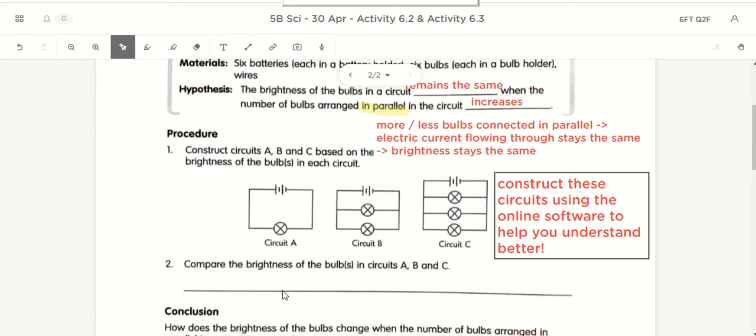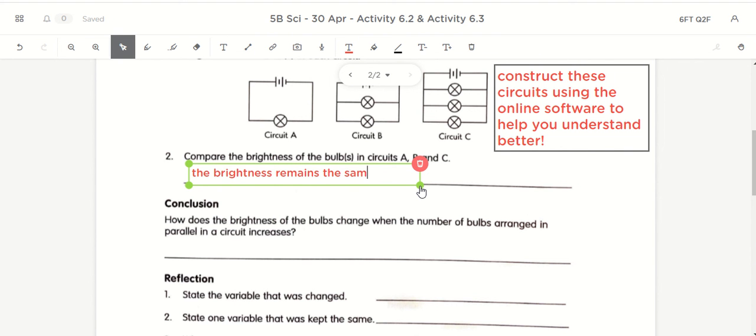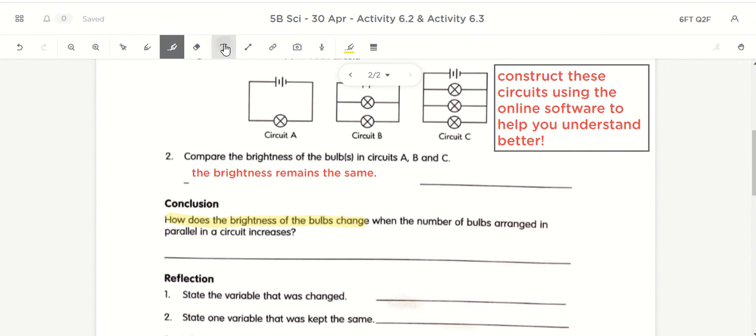Okay, so let's go back. Compare the brightness of the bulbs in A, B, and C. If you have constructed the circuits, you realize that the brightness remains the same. So conclusion-wise, how does the brightness of the bulb change when the bulbs are arranged in parallel?